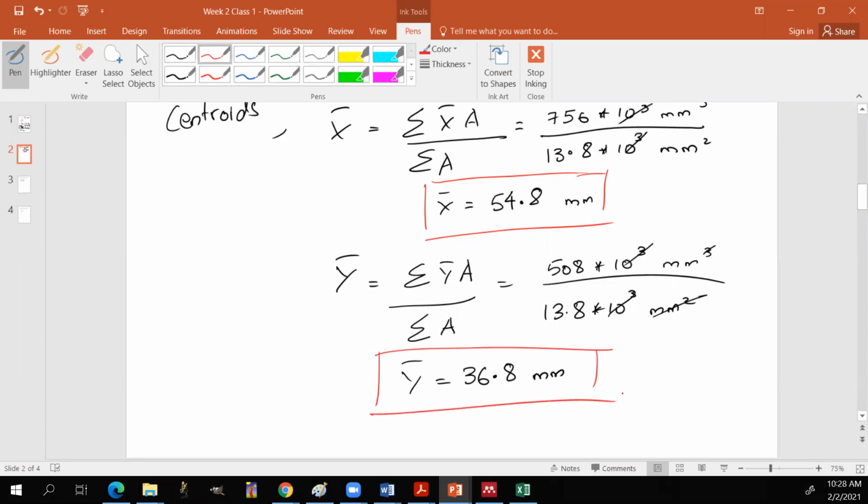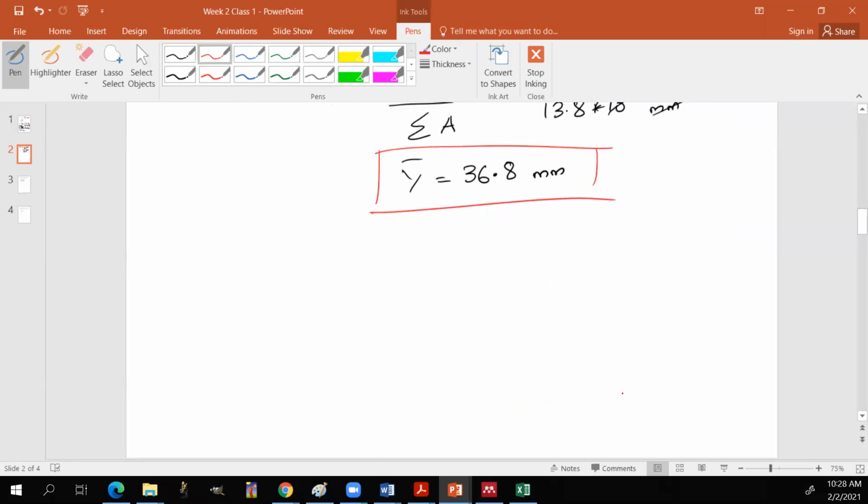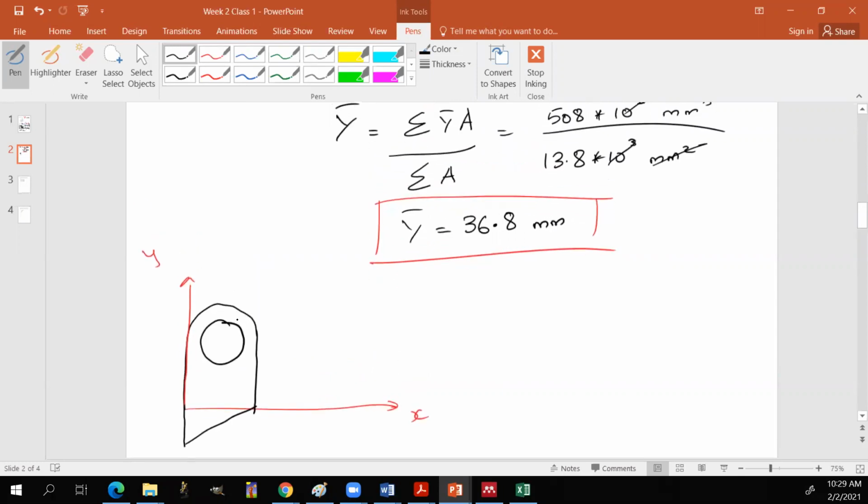All right, so quick check. If we draw our shape out, you've got the y, x, so the centroid is such that it is somewhere there.